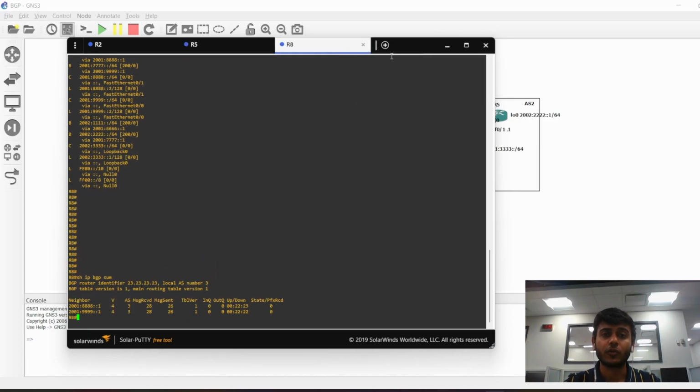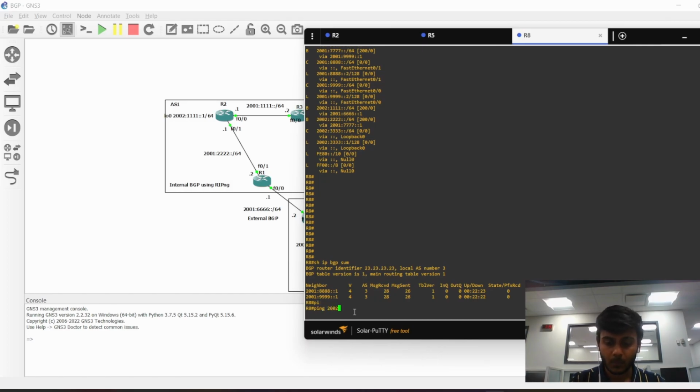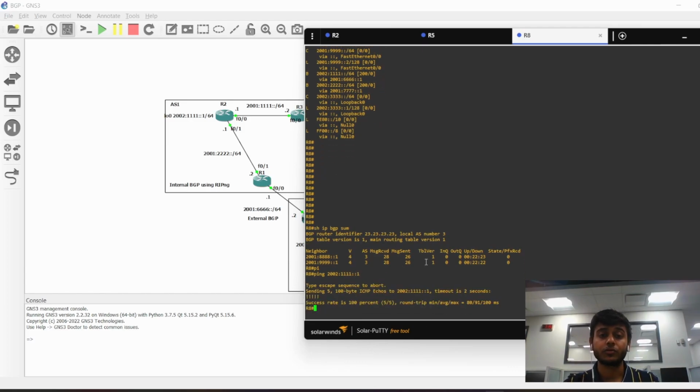And now we are going to go on router 8, and to do a ping test, we're going to ping router 2's loopback address, 2002. There you go. So there is complete connectivity between all these three IP addresses.